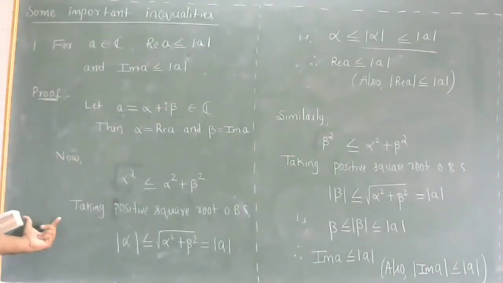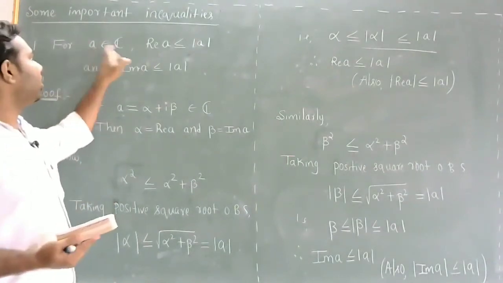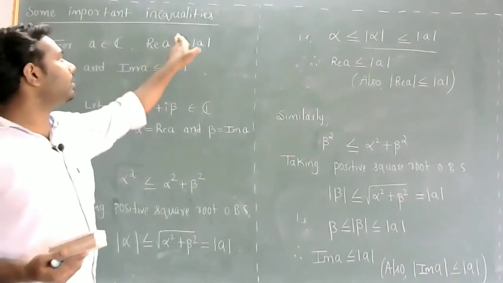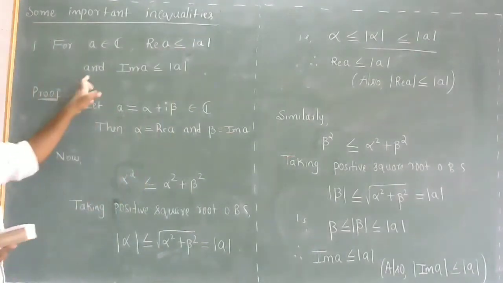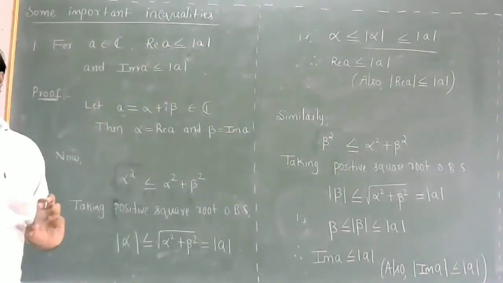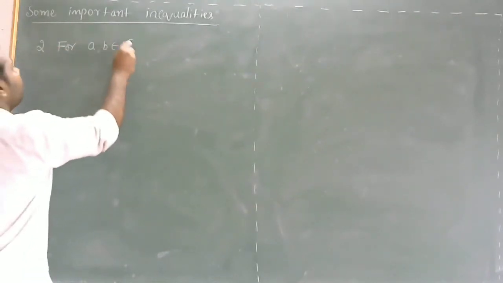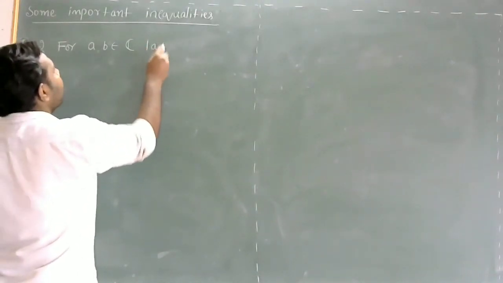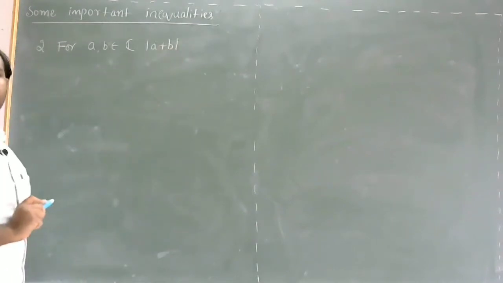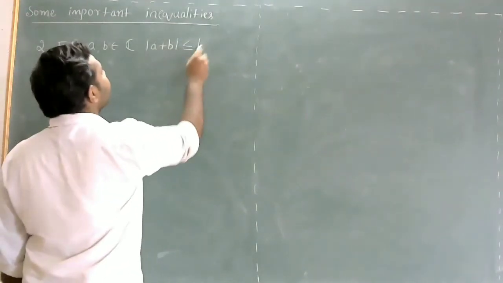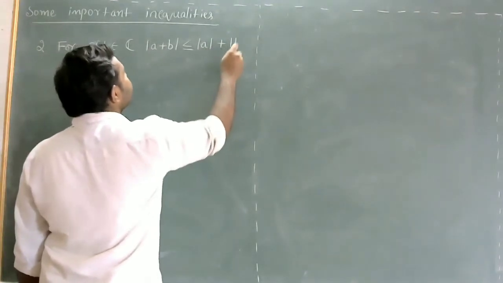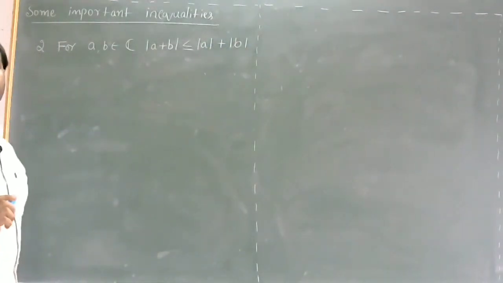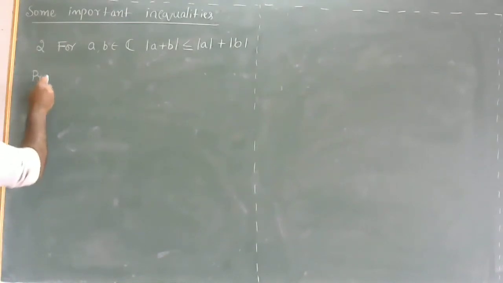So this is the first inequality. The first inequality is for any complex number A, real part of A is less than or equal to modulus of A, and imaginary part of A is less than or equal to modulus of A. The second inequality: for any two complex numbers A and B, modulus of A plus B is less than or equal to modulus of A plus modulus of B. So once again, proof is very simple.